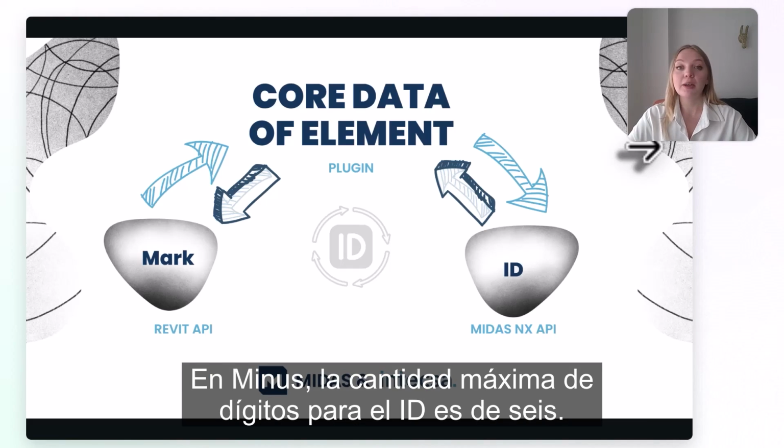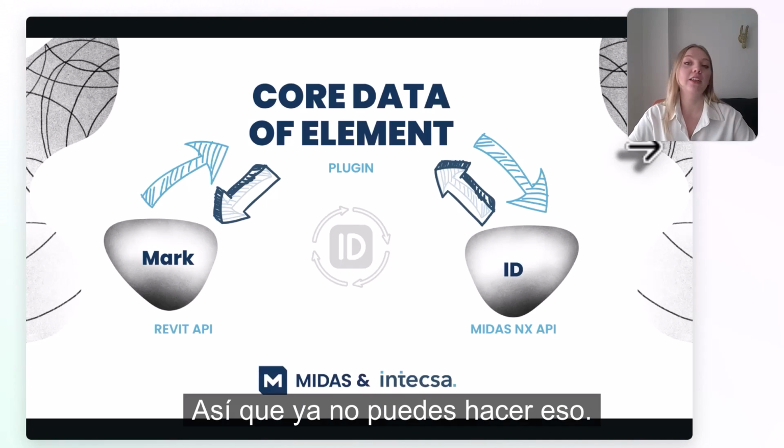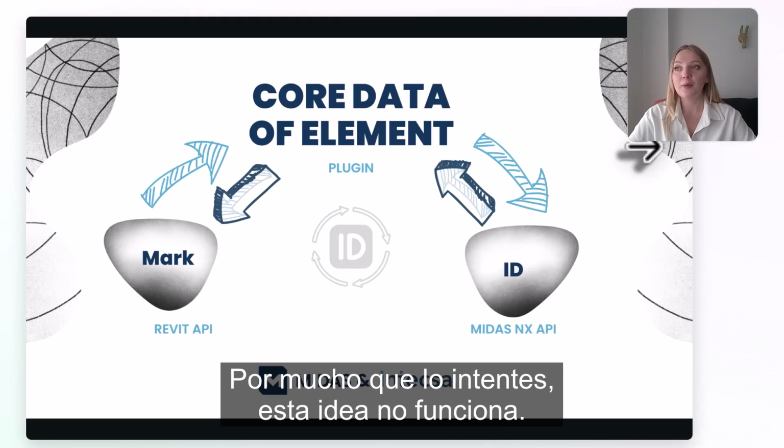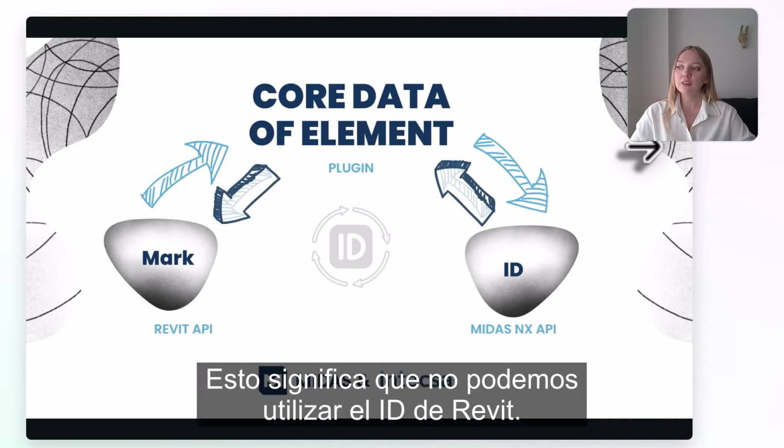And in MIDAS, the maximum amount of digits for an ID is 6 digits. So you already can't do that. No matter how much you try, this idea fails. This means that we can't use the Revit ID. We have to use something else.